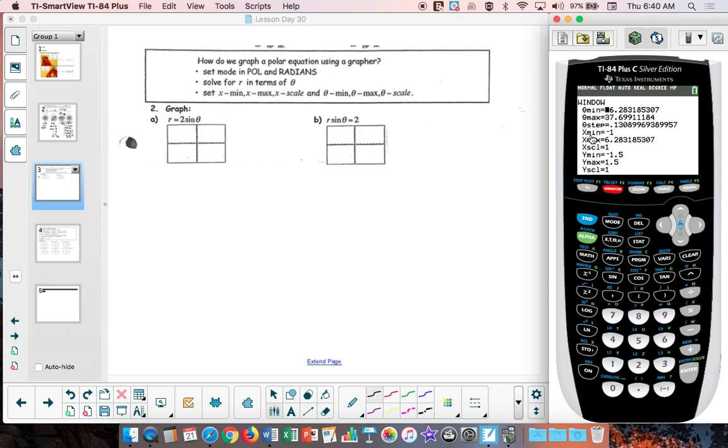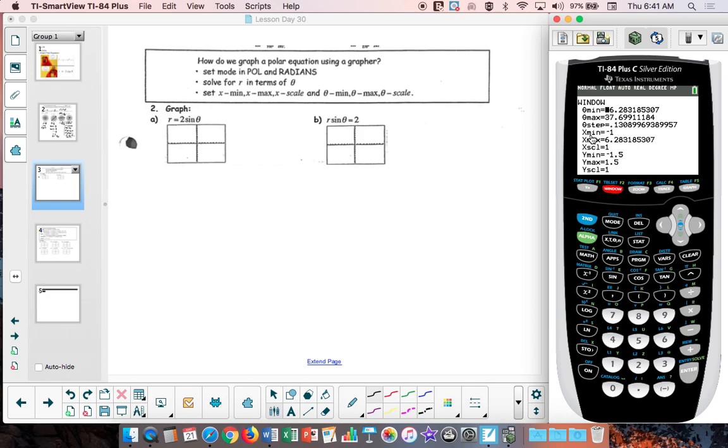Windows are easier because they're functions. Oftentimes we're not going to be graphing functions with these, except for theta equals blank or r sine theta equals blank, like B and C from number 1. Everything else, for the most part, is not a function. So it needs to know where to start plugging in values and where to stop, long story short.